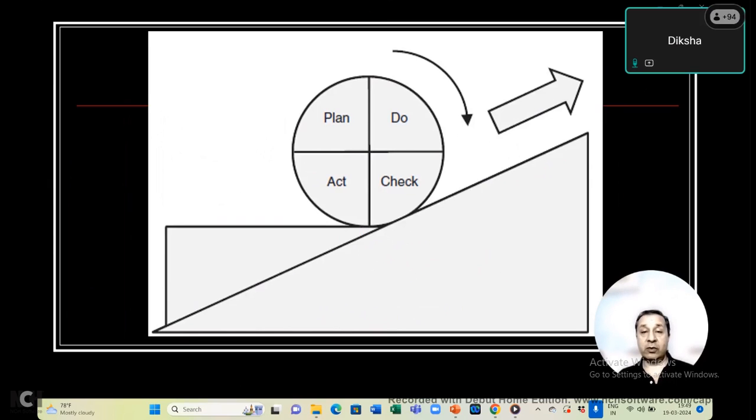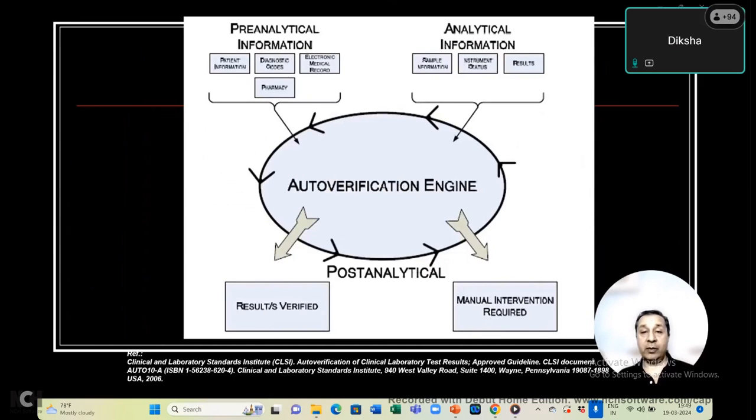You do what is called the PDCA concept, which is the plan, do, check, and act cycle, and you keep doing it. But to do that, you first need to define what is called the auto verification engine. This auto verification engine needs to be defined by the laboratory personnel who are actually going to be letting a lot of results pass through the auto verification process. So you need to have the pre-analytical information, for example, regarding the patient, and from which area the sample is coming, for example, gastroenterology or nephrology.